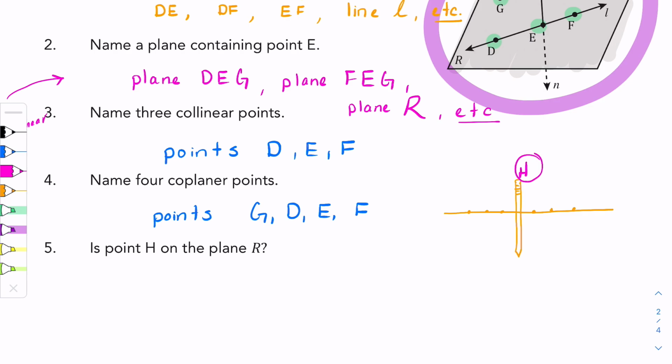So point H is not on plane R. Another visual method you could think of is thinking of the floor of your classroom. You have all the points on the floor, but point H is on the ceiling, so not on the same plane. Planes are a flat surface. They are two-dimensional.